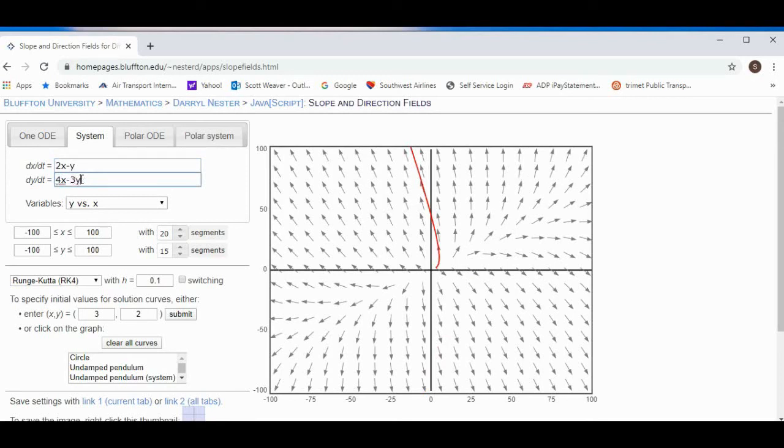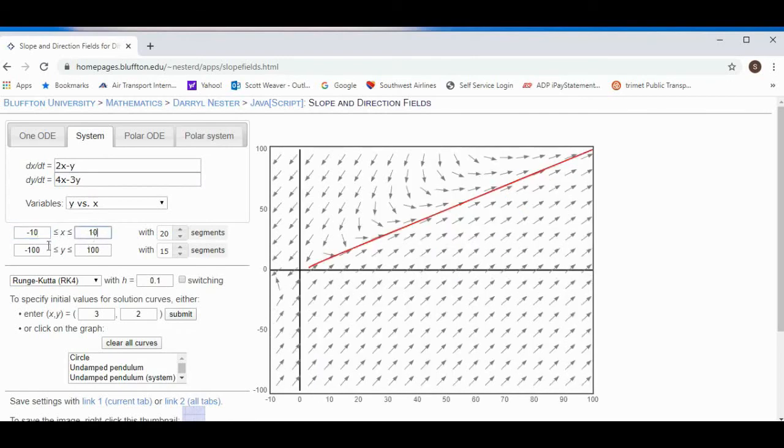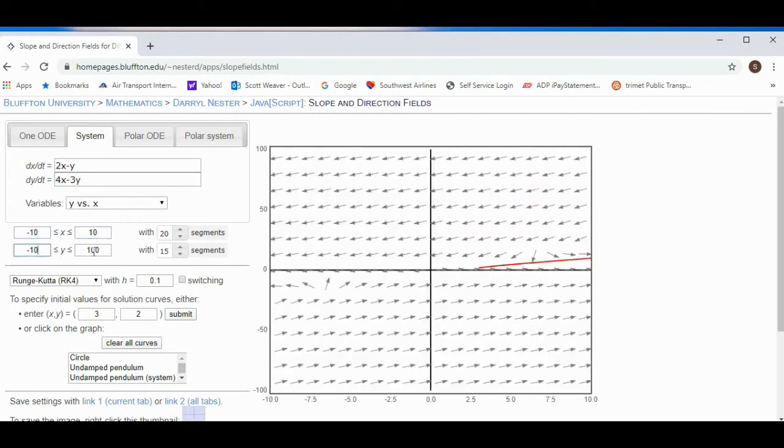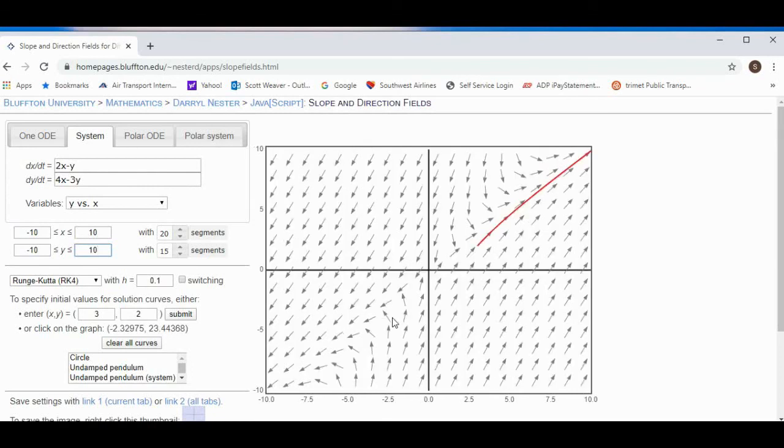This one is a case of two distinct eigenvectors, and you'll notice that what we have here is a saddle point. We've got some going in, some coming out from the origin, so it gets swept around in a saddle point fashion.